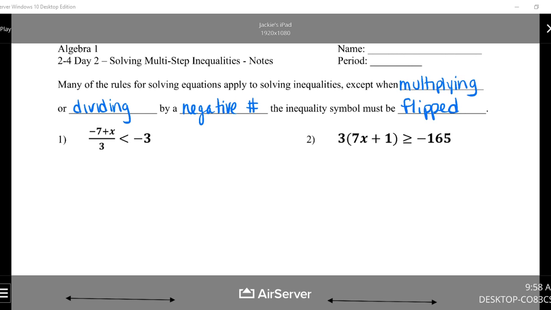Okay, that's the only difference between solving equations and solving inequalities.